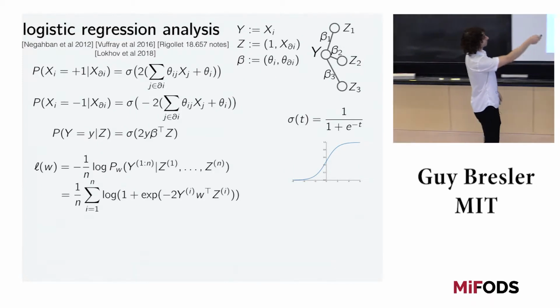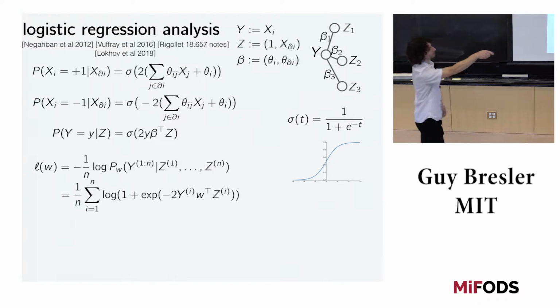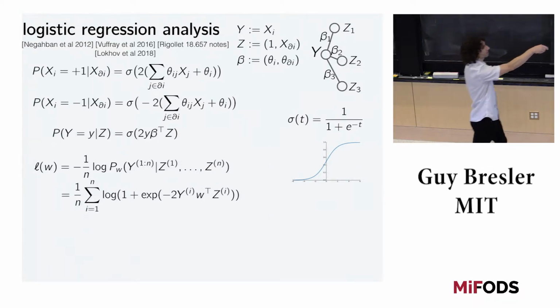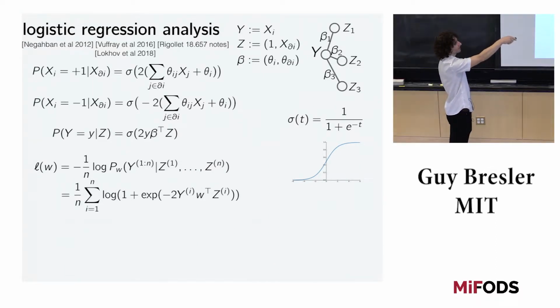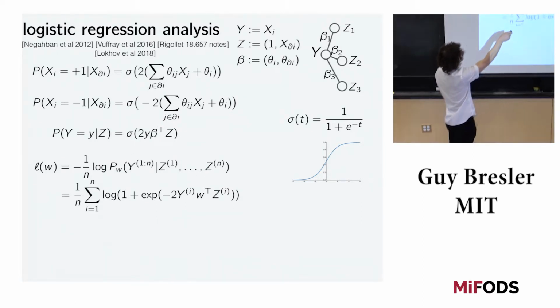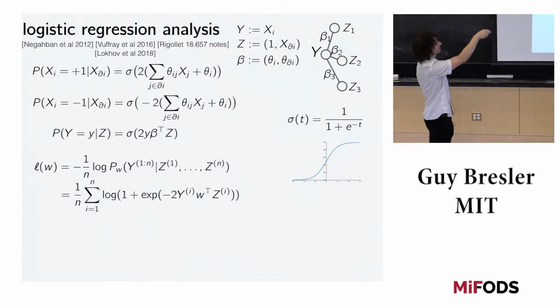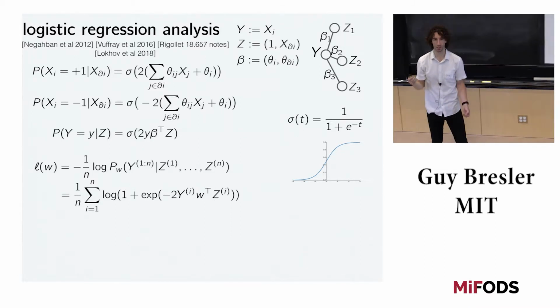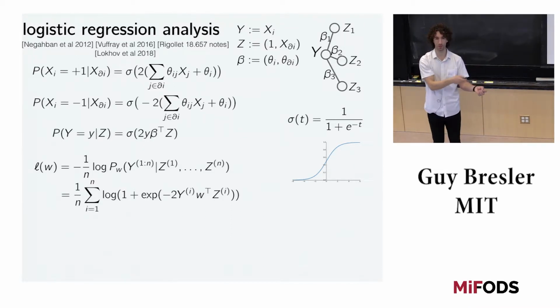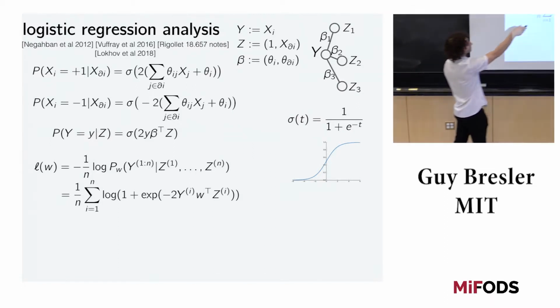And then we write the sigmoid, which I guess is sitting here for us for convenience. We take the log of this, and the minus cancels from the denominator, and we have exactly this quantity inside here. Now, W is the parameter that you're trying to compute. What's the likelihood of the data if W was the true beta parameter? And so W is appearing here instead of beta.